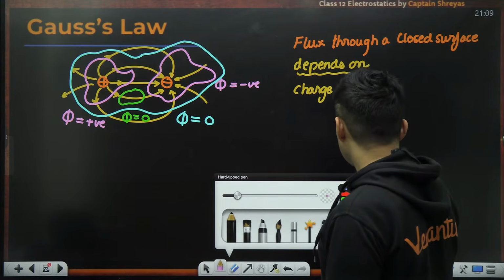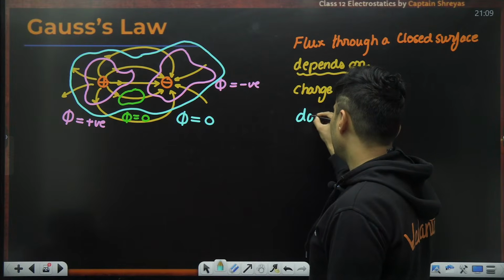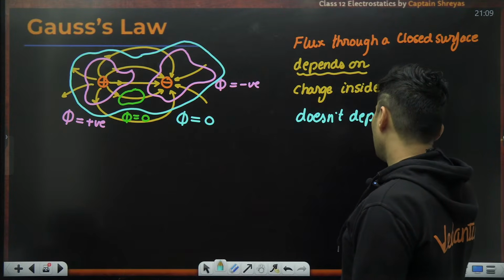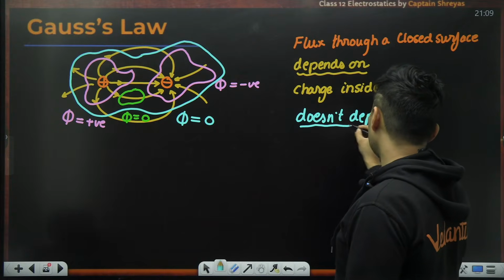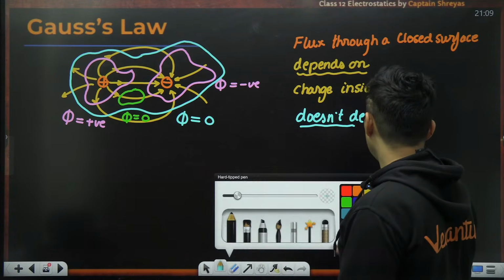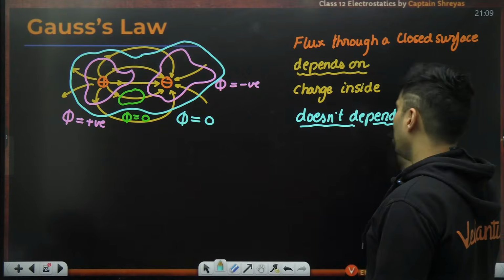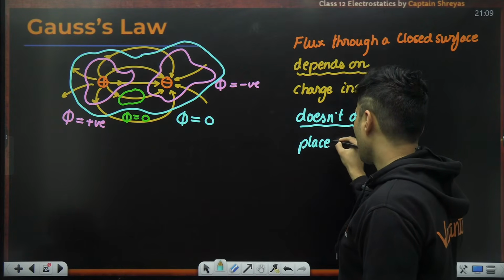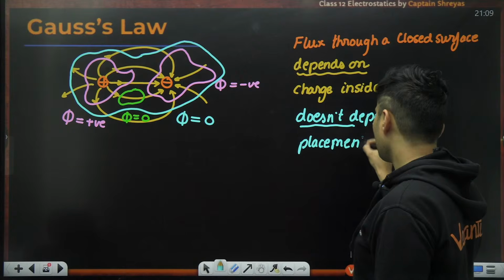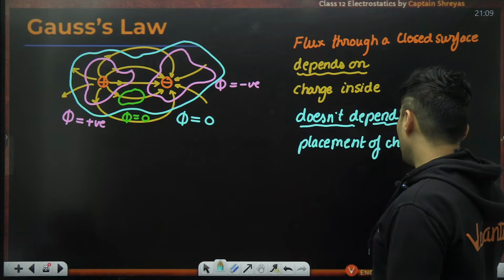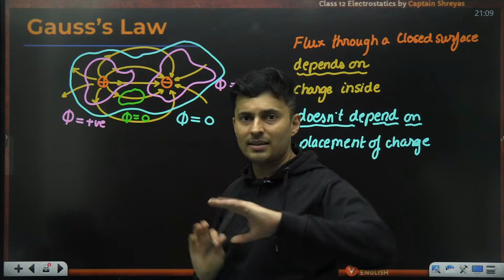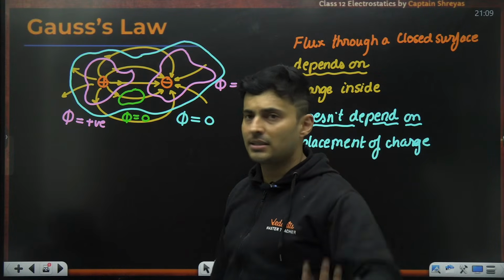And it doesn't depend on what? The placement of the charge. Where the charge is doesn't matter, whether the charge is here or here, as long as it is inside, that's it, done and dusted.